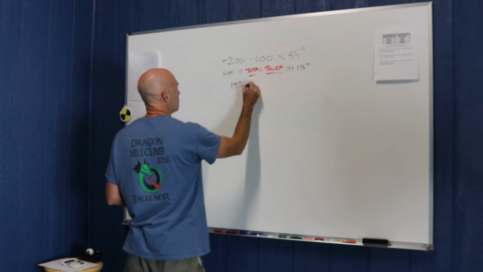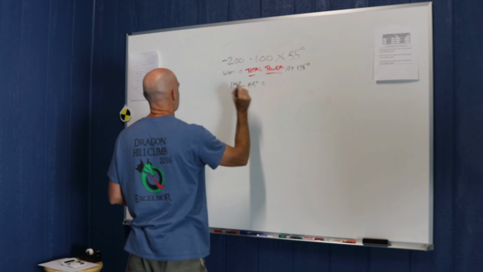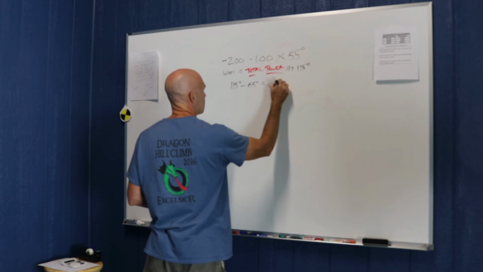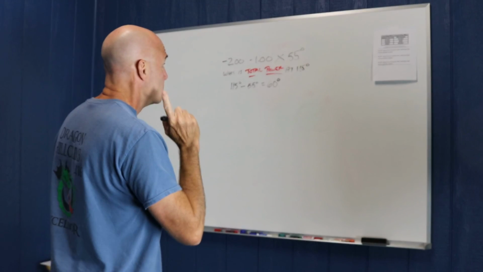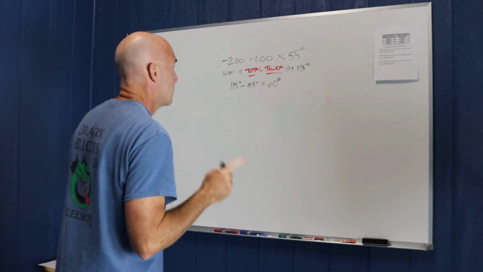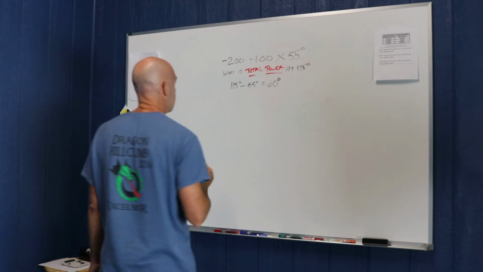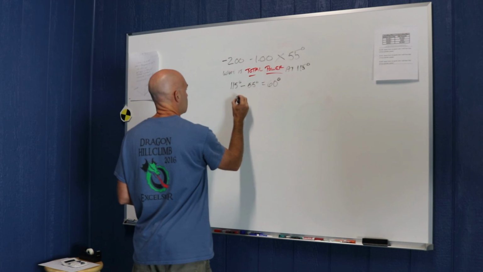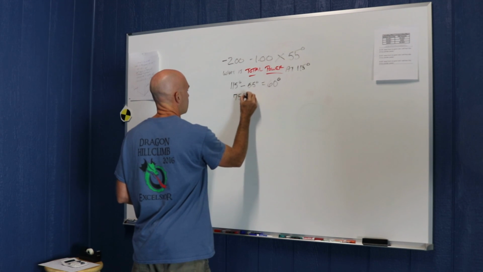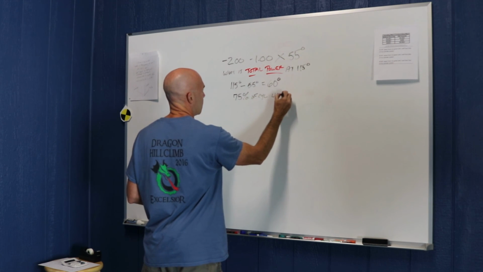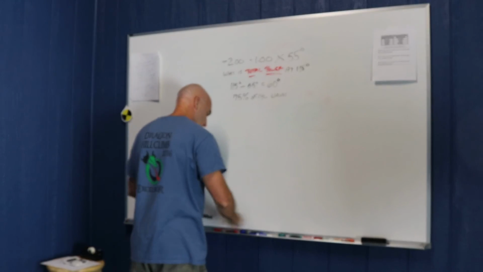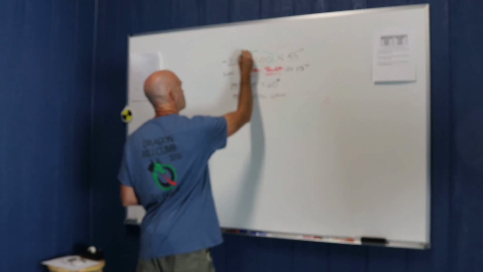115 degrees minus 55 degrees just happens to be, son of a gun, 60 degrees. What is my rule? 60 degrees away from my given axis, I'll find 75% of my cylinder value. What is my cylinder value? My cylinder value is minus 1.